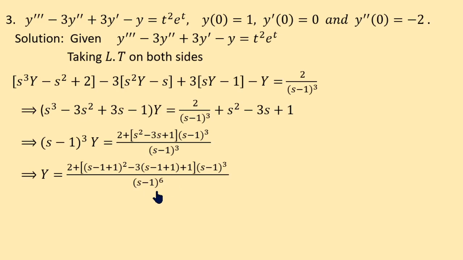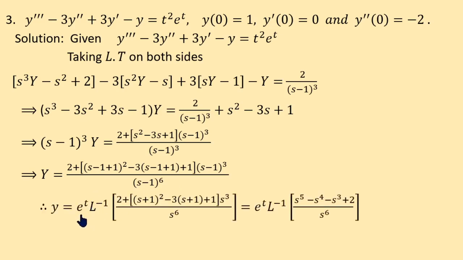To find the inverse by the first rule, it is e power t into the inverse Laplace transform of the function, where s minus 1 is replaced by s. Therefore, it becomes (s plus 1) whole square minus 3 into (s plus 1) plus 1, times s cube, over the denominator s power 6.